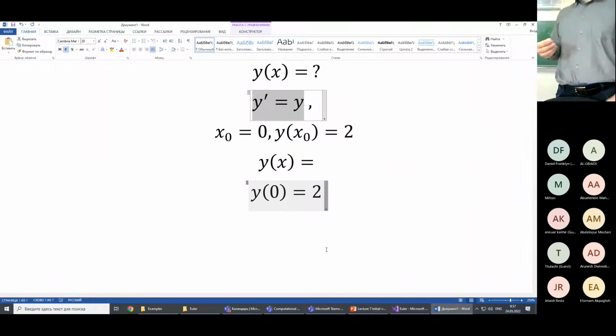What solutions did we already consider? y of x equals x, y of x equals x squared over 2. The right-hand side depends only on x. It cannot depend on y, because y is an unknown function. But we know that the function y has the property that y prime equals y.